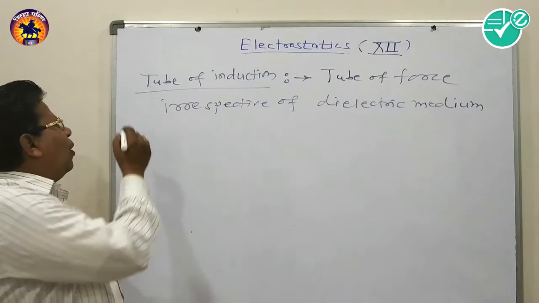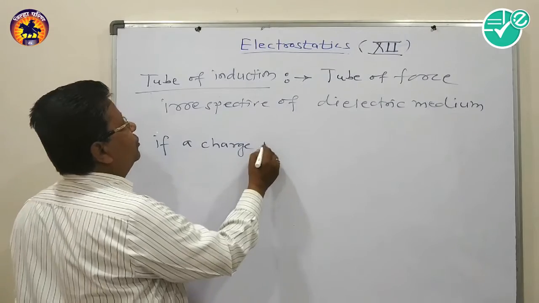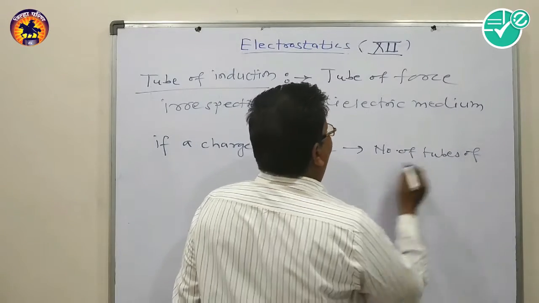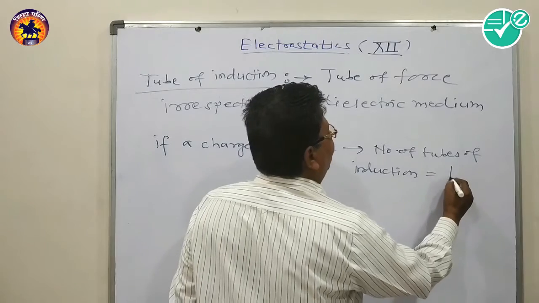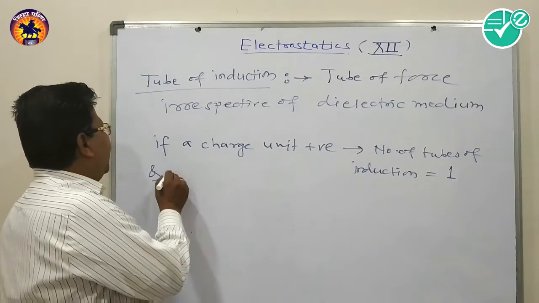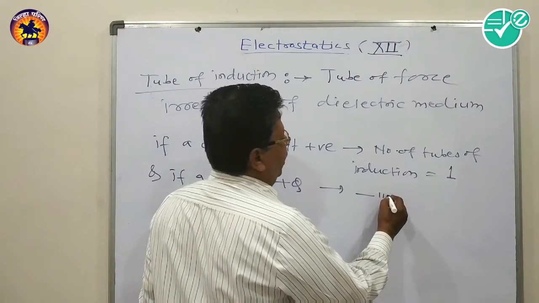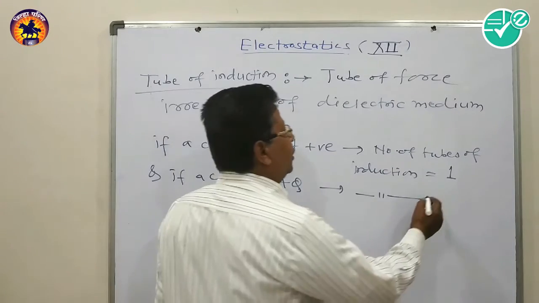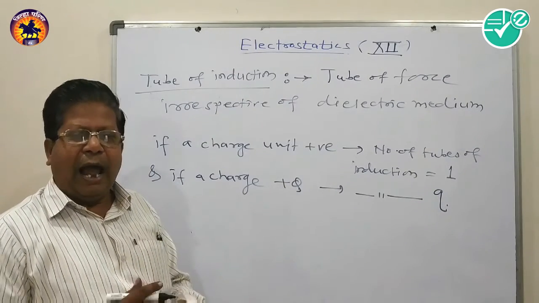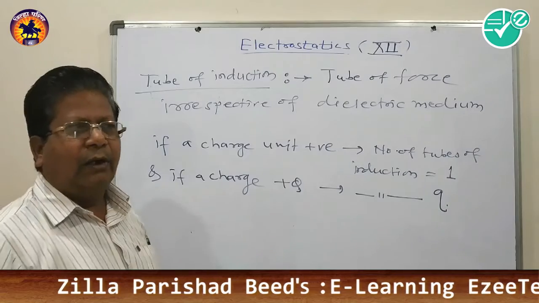According to this concept, if a charge is a unit positive charge, then the number of tubes of induction originating is equal to 1, and if a charge is plus q, then q tubes of induction originate from it. This is independent of the dielectric medium.